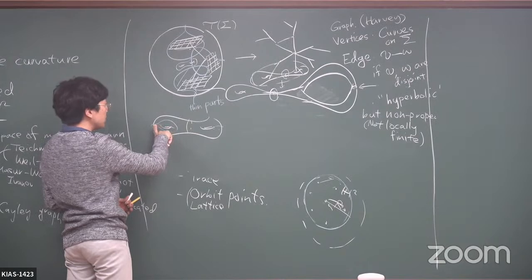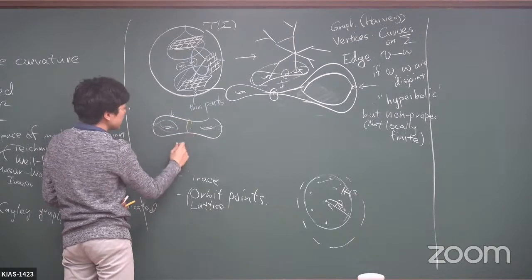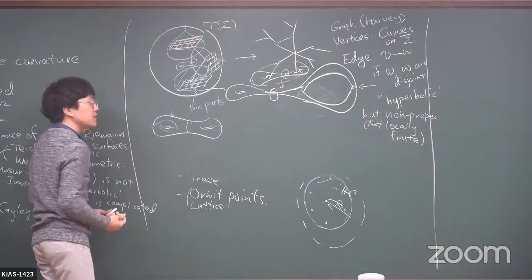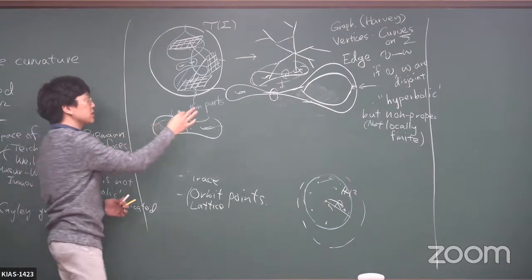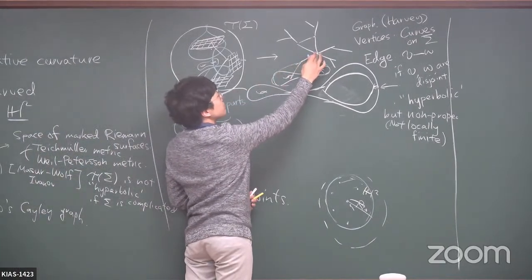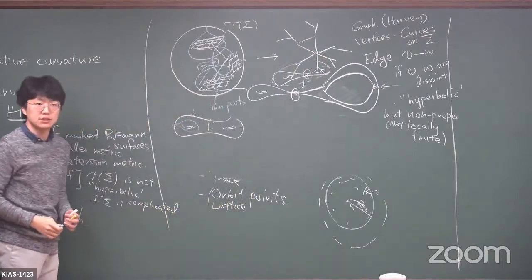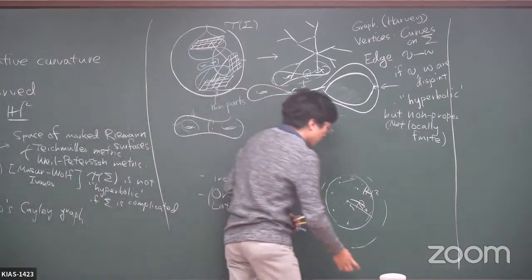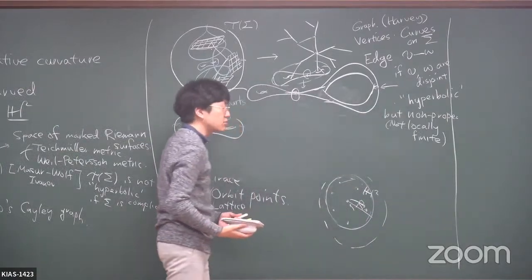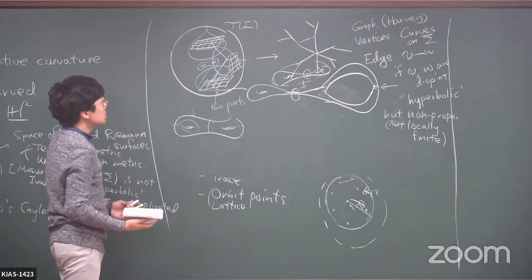Also, if you deform whatever within this subsurface, then you will get infinitely many curves that are disjoint from here. So in this graph, each vertex is connected with infinitely many other vertices, which makes it hard to apply arguments involving finiteness. So these are two.